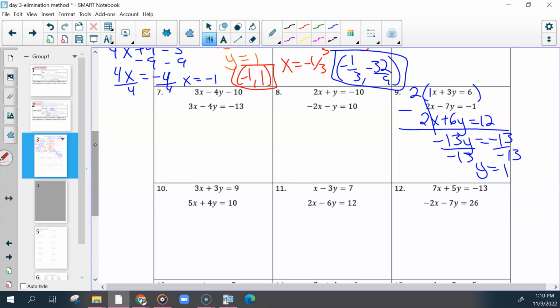So that we have x plus 3 times 1 equals 6. Or x plus 3 equals 6. And then we can solve for x. So that x equals 3. And our final answer would be 3, 1.